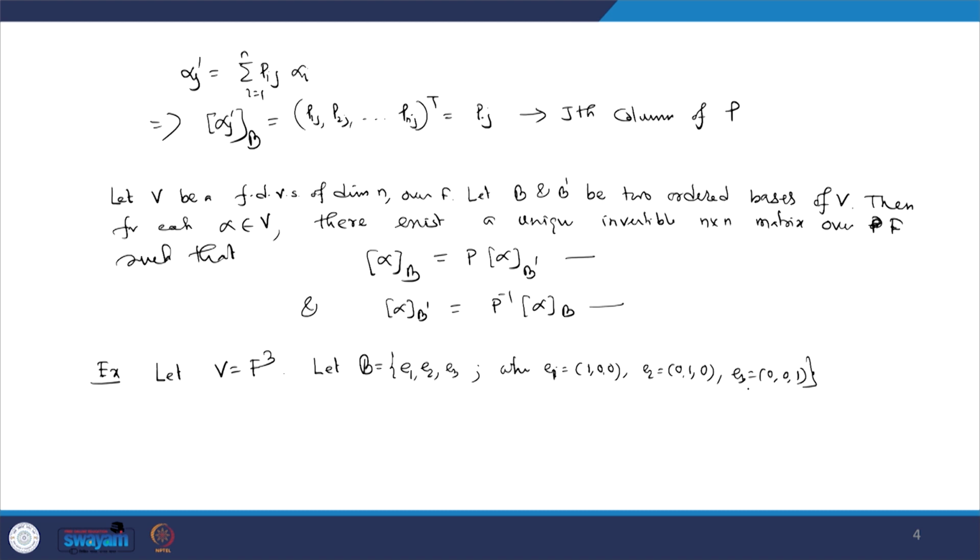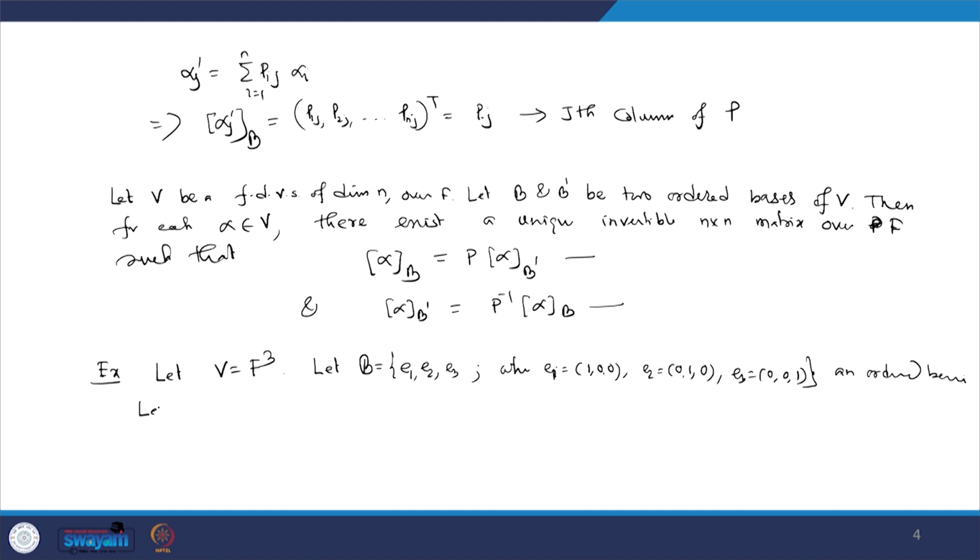So, I have taken the standard basis for F^3. Since I am saying that the first element is E1, second E2, third E3, I am also saying this is an ordered basis. So, this B is an ordered basis.